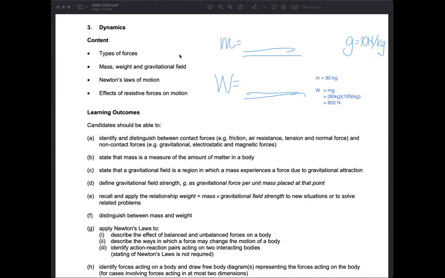Ray Hong, can you write down the formula? I want to see W equals mg. Try again. Okay, Zachary, I want to see a formula as well. Your W should be capital. Okay, try that again. Your Newton should be capital as well.